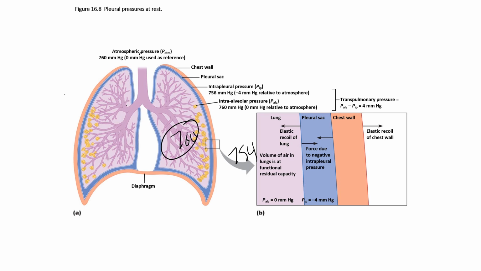To start off with, it was 4, technically -4 millimeters of mercury. 760 minus 756 to start off with is 4. Again, it's always a negative value, so it would be called -4.